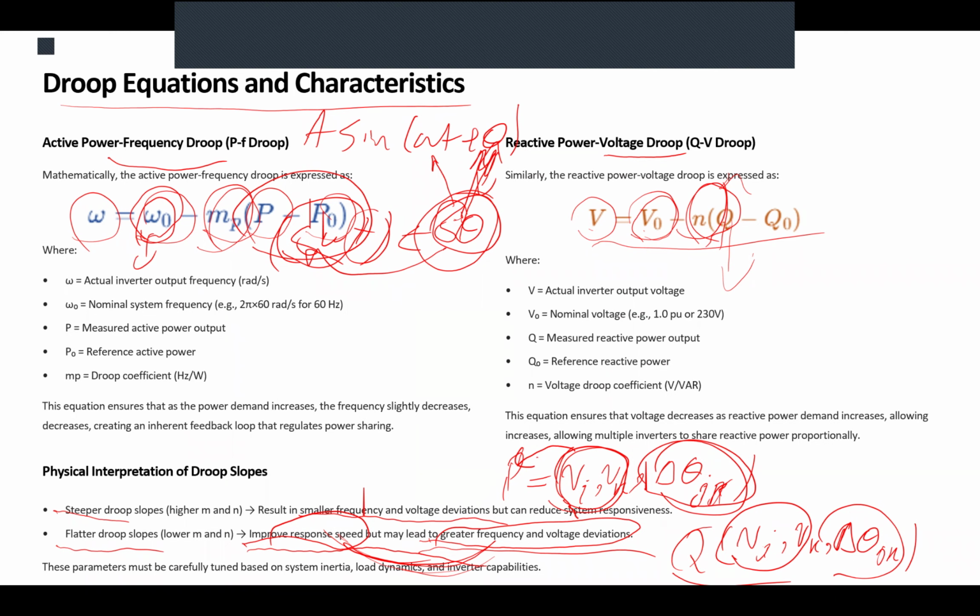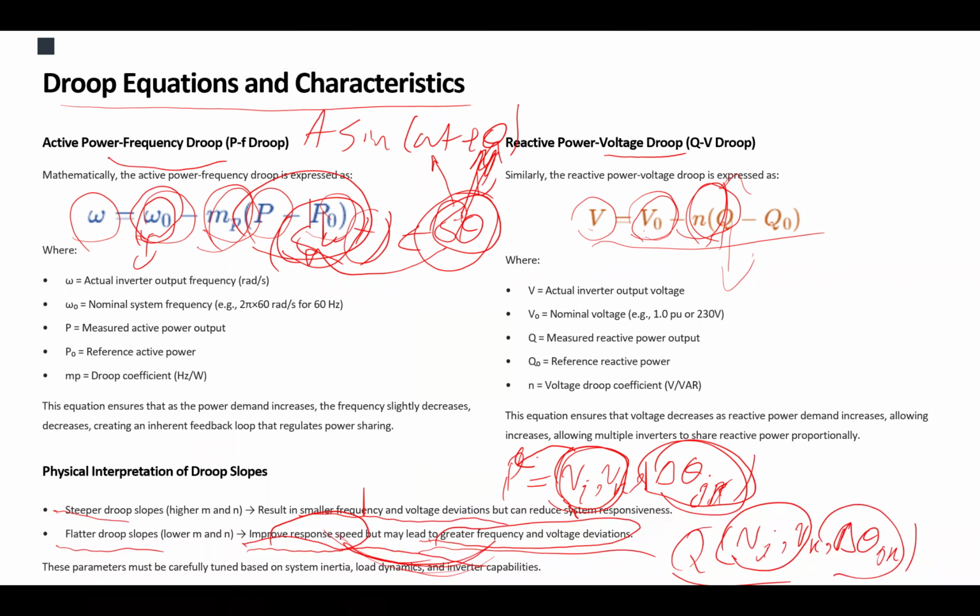Those are provided by standards, but when you want to set that, it's not like we have a standard that says the speed is from 1 to 2 seconds, and the variation is 0.1 for frequency or one delta V for voltage deviation, and based on that, every grid forming inverter would have M equal to 2 and N equal to 1.